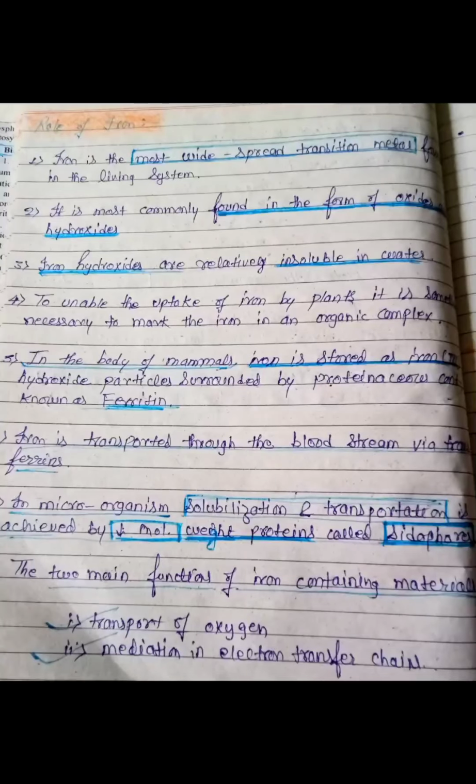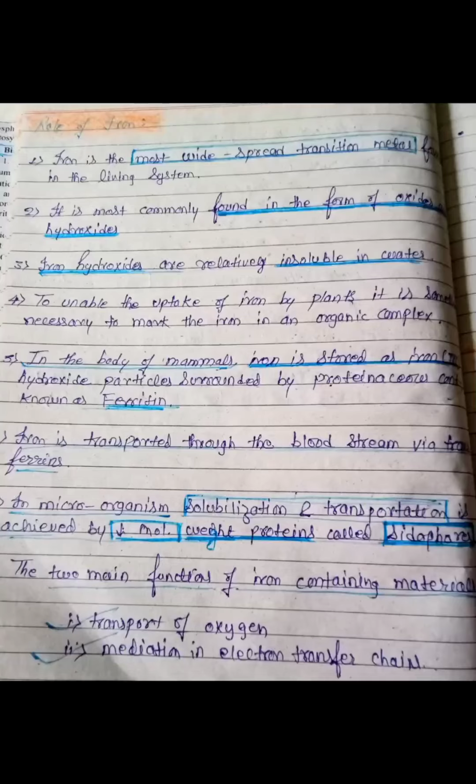Role of iron. Iron is the most widespread transition metal in living systems. It is most commonly found in the form of oxides and hydroxides. Iron hydroxides are relatively insoluble in water. To enable the uptake of iron by plants, it is sometimes necessary to make the iron an iron organic complex.